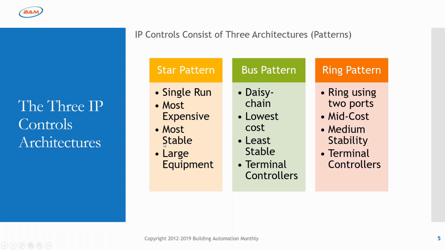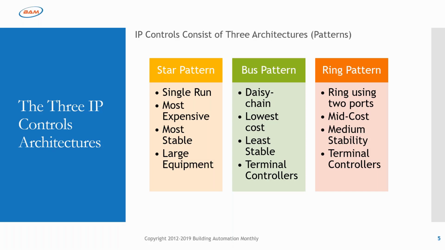This is most suited for large equipment, for equipment where you're saying, hey, this central utility plant or this large tonnage air handler makes enough sense for me to run directly from a device to this controller. You see this in cases where you get a spec that says our main equipment is going to be IP controls, but our terminal equipment is going to primarily be MSTP, which is where I sit.